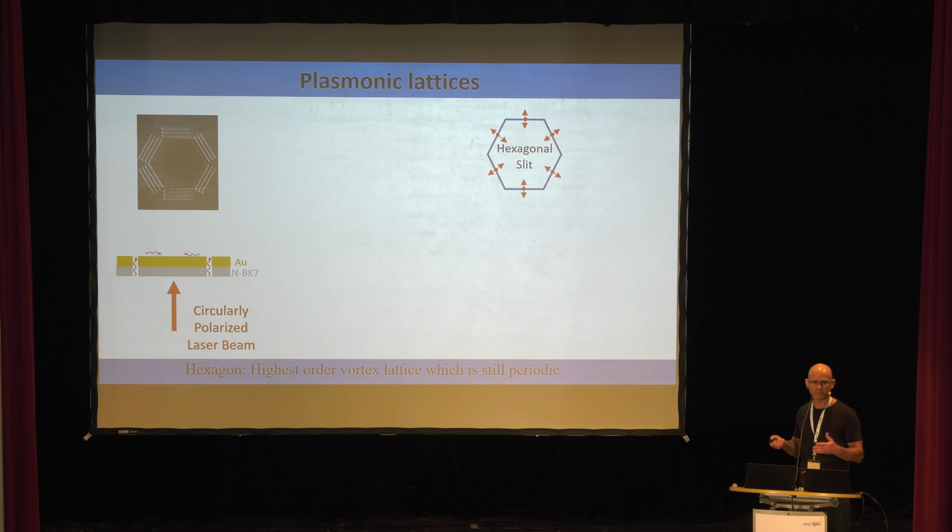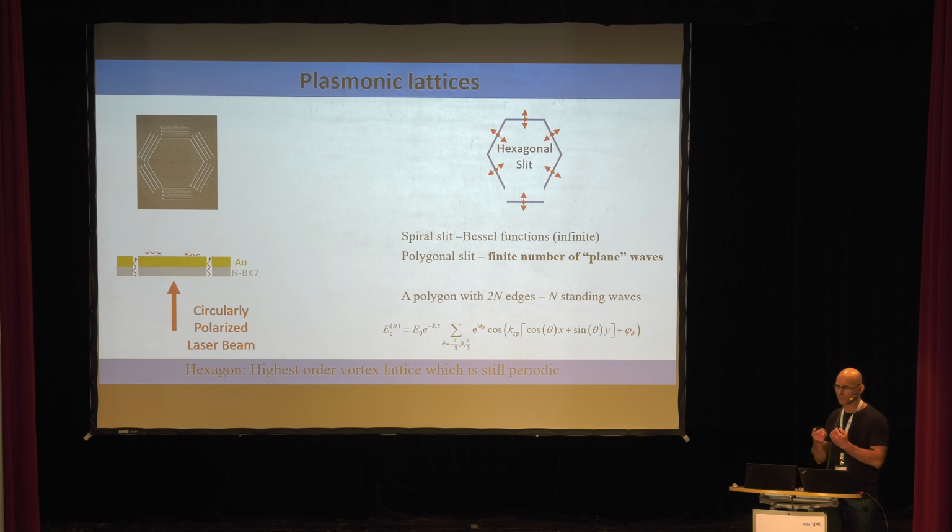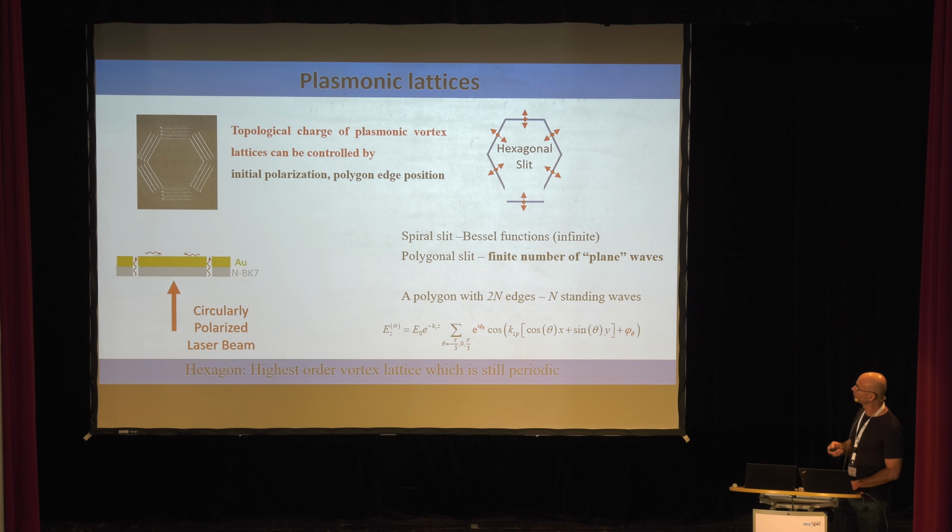When I say topologies, I'm talking about the topological charge of the vortices created by the lattice. The way we can switch between them is by playing with the boundary conditions. Boundary conditions means we can shift one or more of these coupling slits. It adds some relative phase between them, and it has a totally different effect, which is quite surprising if you did not know that ahead.